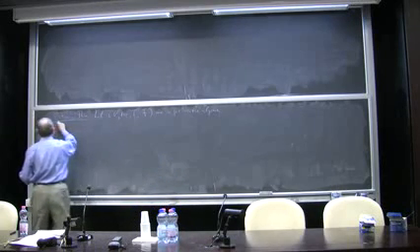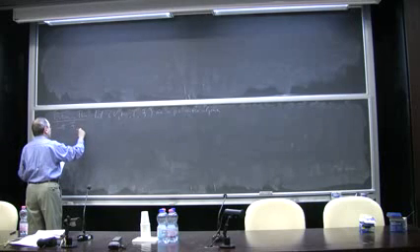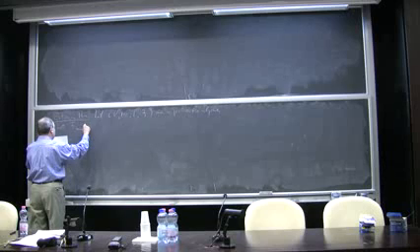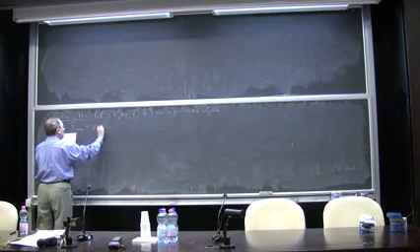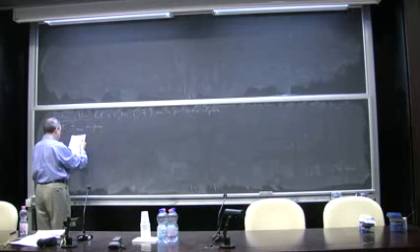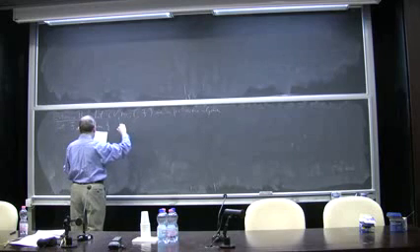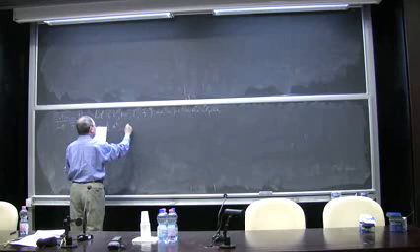Let F minimum be the following collection of quantum fields. It's the span of all quantum fields which are obtained from this generating set F by the n-th products, L1, L1, L2.